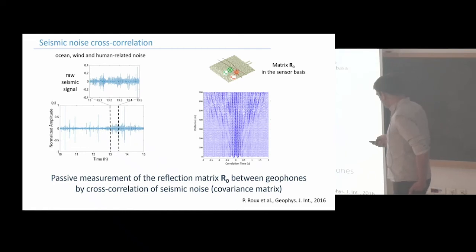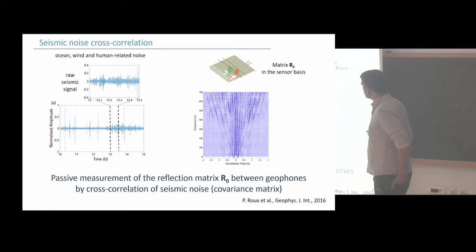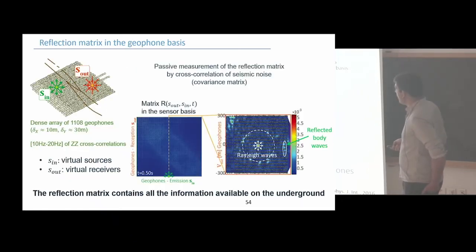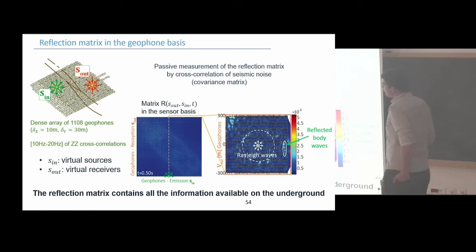Okay? So we can have access to all this impulse response between any geophone, and then you can analyze it under a matrix formalism. If you consider the reflection matrix in the geophone basis, you have the emission and reception as a function of time. If you take a specific time and look at one column of this reflection matrix, it corresponds to the wave field that you obtained for a virtual source at this given position.